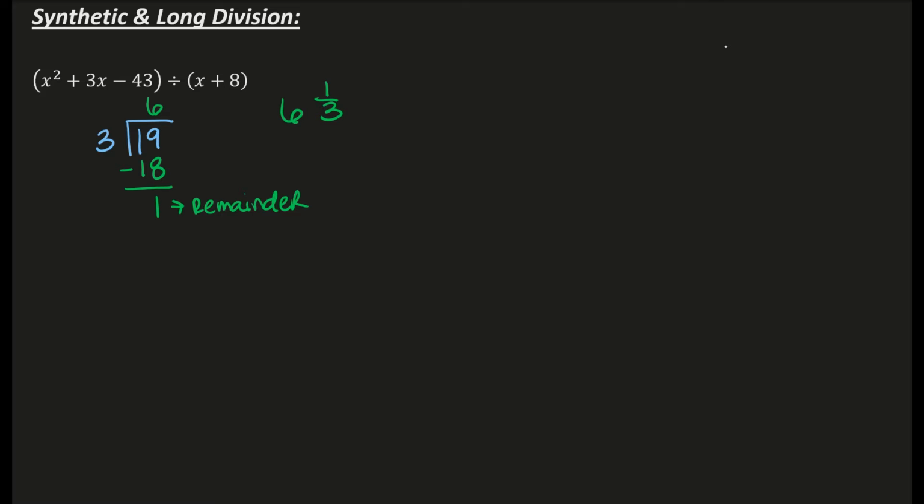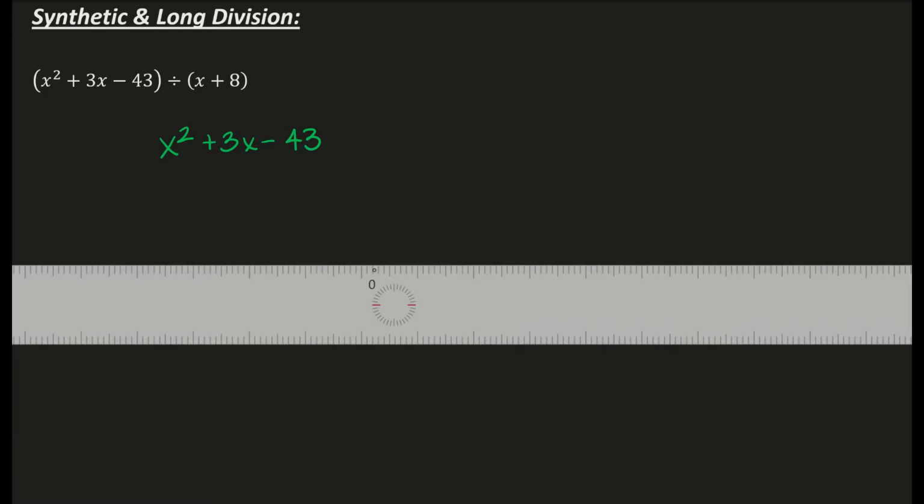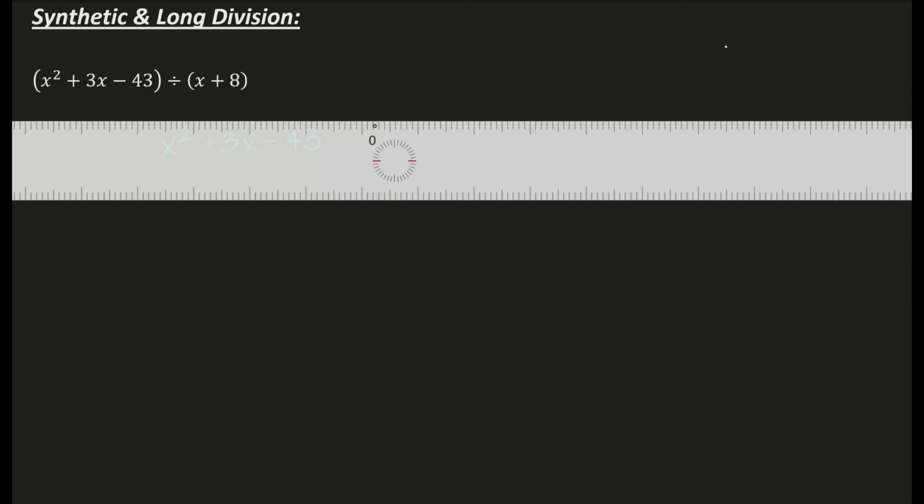We're going to do the exact same concept, except now we're going to use polynomials. So I'll rewrite this: x squared plus 3x minus 43, and then I will divide it by x plus 8.